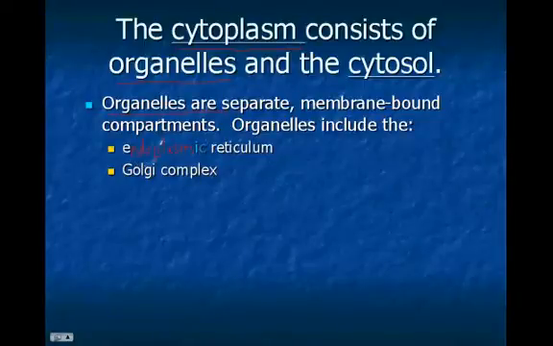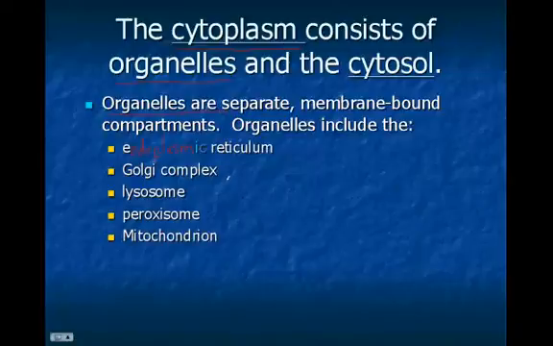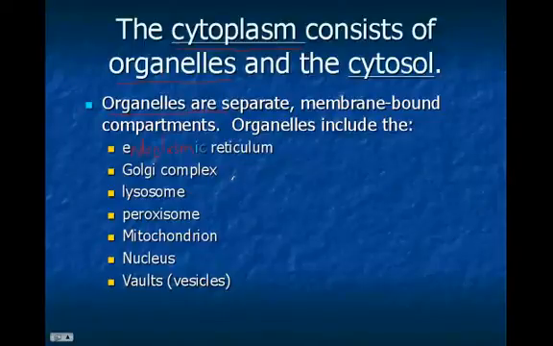And we're going to talk about each of these organelles and what they do in a minute here. So we've got the endoplasmic reticulum, we have the Golgi complex, or you may have heard this called the Golgi apparatus, same thing. We have lysosomes, peroxisomes, the mitochondria, the nucleus, and then we have specialized vesicles or vaults that we'll talk about.